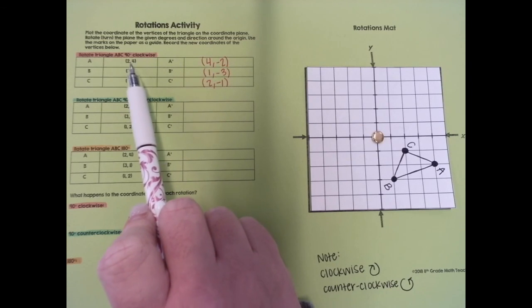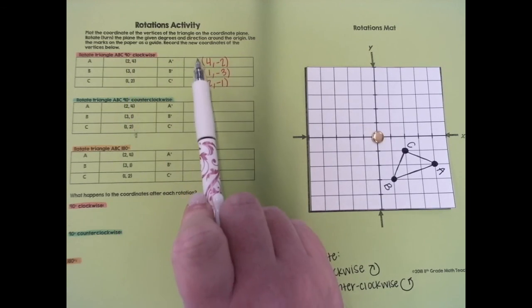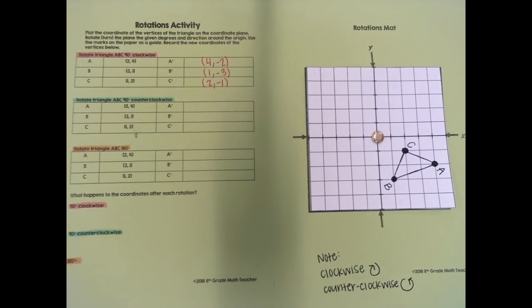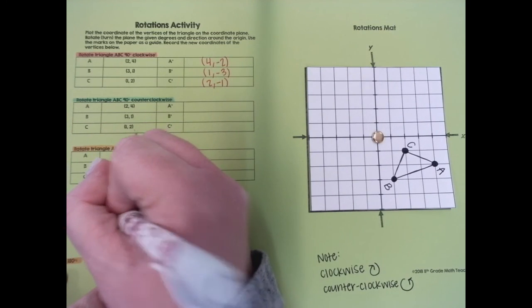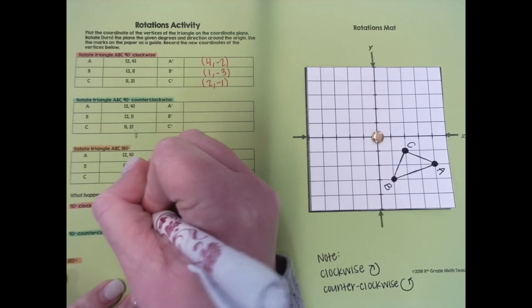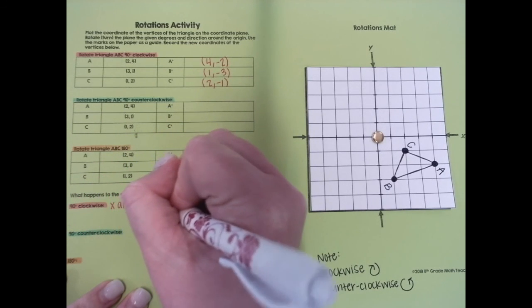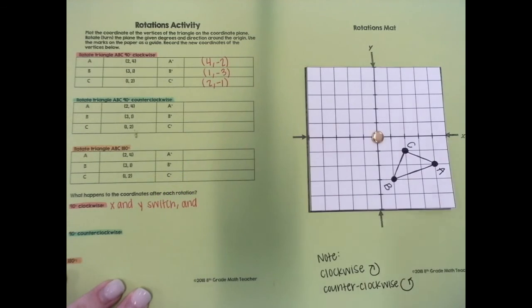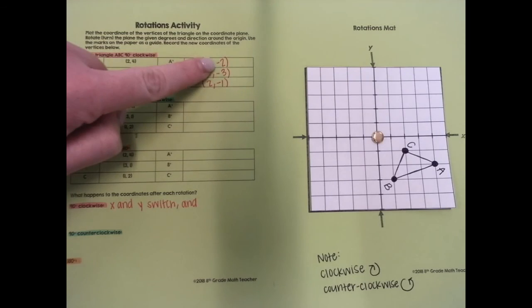So the x and y values switched places, and one of them became the opposite sign. The x and y coordinates switch, and the x that we originally had changed signs.